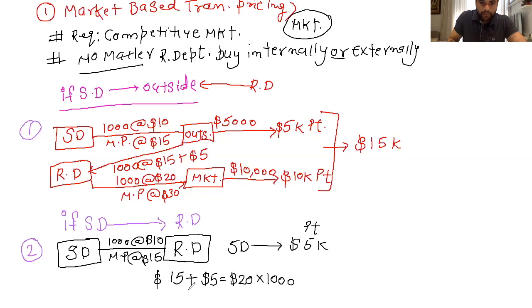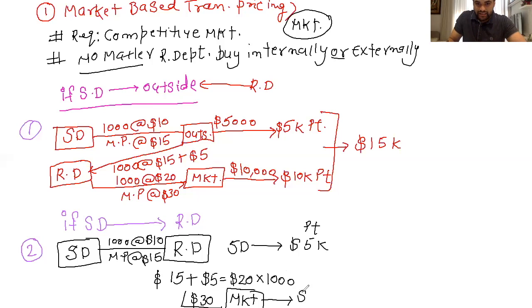If the receiving department sells to the market, and the market price is the same, $30 per unit, then $10 per unit, the receiving department is making money.